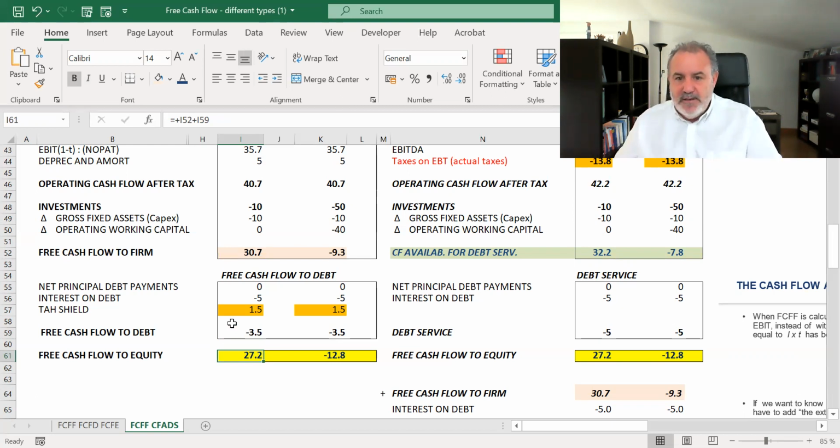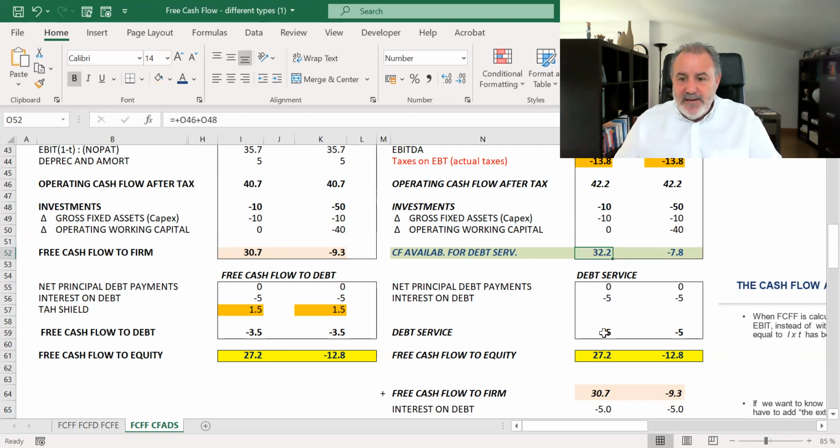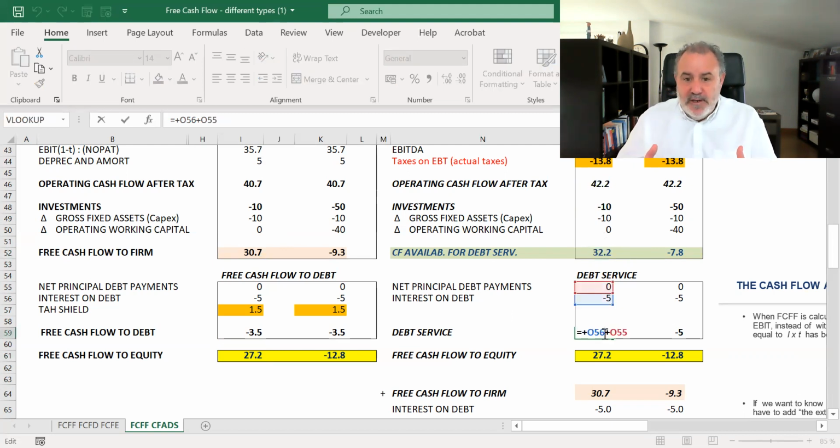The other way to do it is to take the cash flow available for debt service and then subtract the nominal interest expenses and the change in the nominal amount of the debt. It's equal to the free cash flow to the firm minus the after-tax financial expenses.